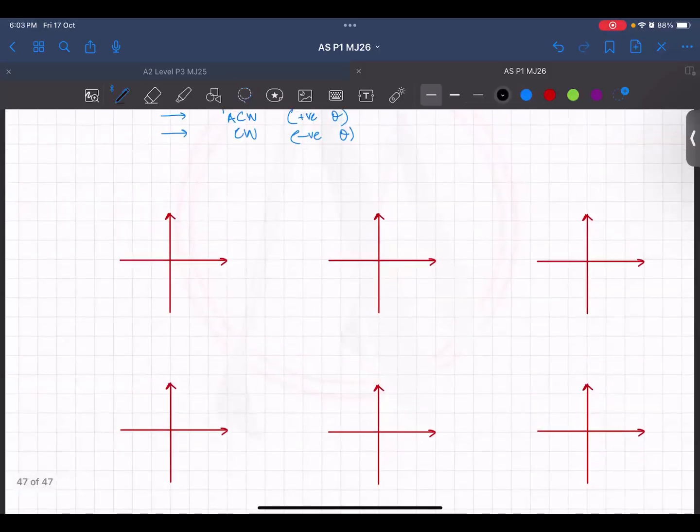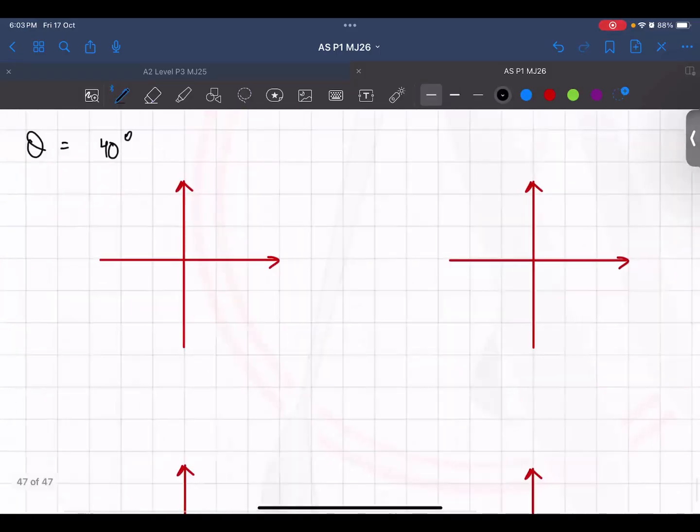Okay, so let's suppose the question asks you to plot theta as 40 degrees. Now this is positive 40. So this means it will be anti-clockwise and 40, like this.